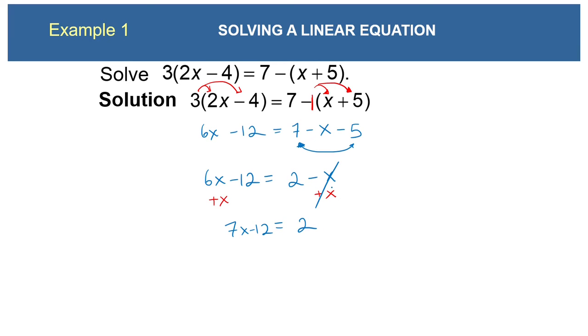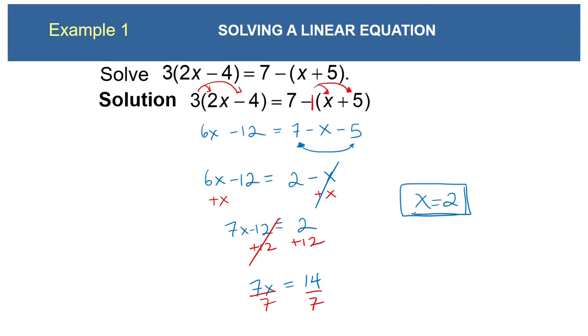The negative x and x cancels out, and now we can add 12 to both sides. 7x is now equal to 14. Now I can divide both sides by 7. And we have x is equal to 2. That is our solution for the problem.